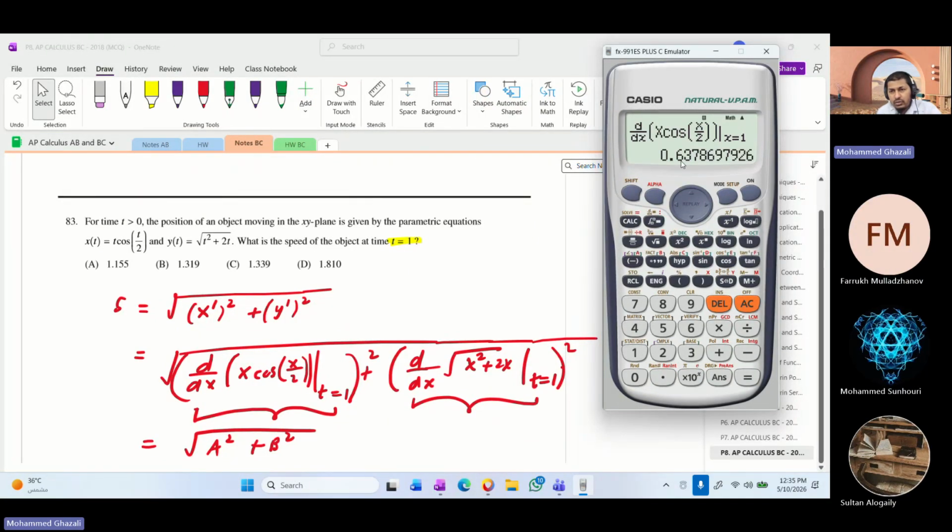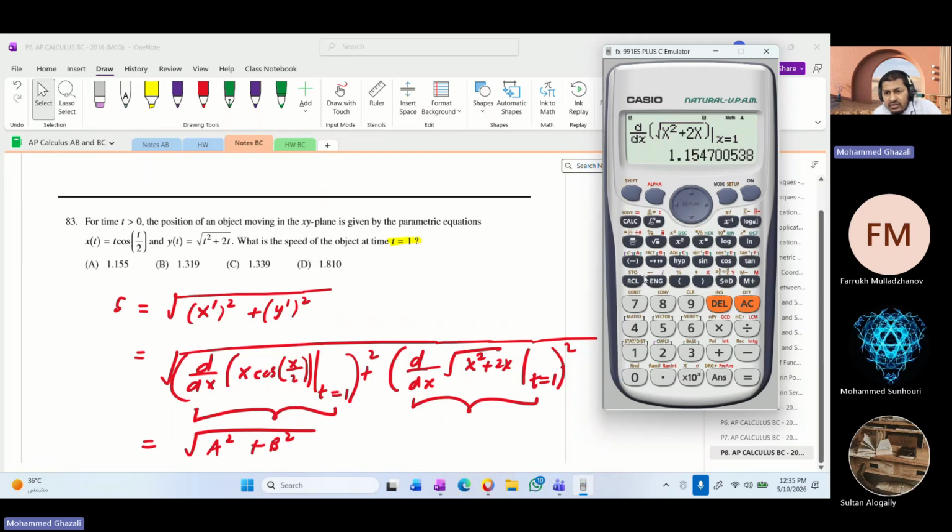Right, so I've got an answer of 0.63. I'm going to store this in A. So shift store A. You might not have it, so you need to write out the full answer. Shift ddx, and I'm finding the second function, square root of alpha x squared plus 2 alpha x, evaluated at 1.